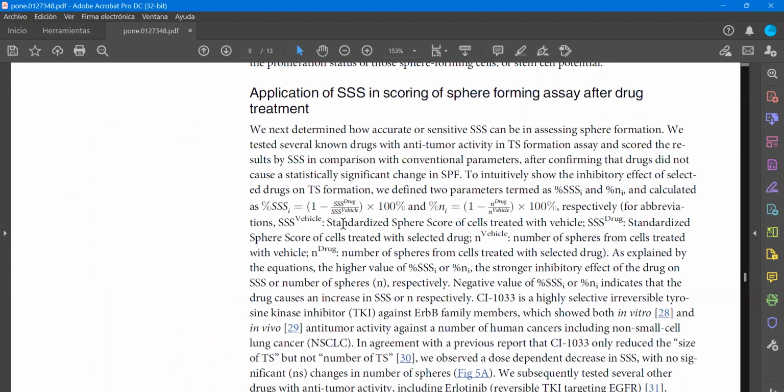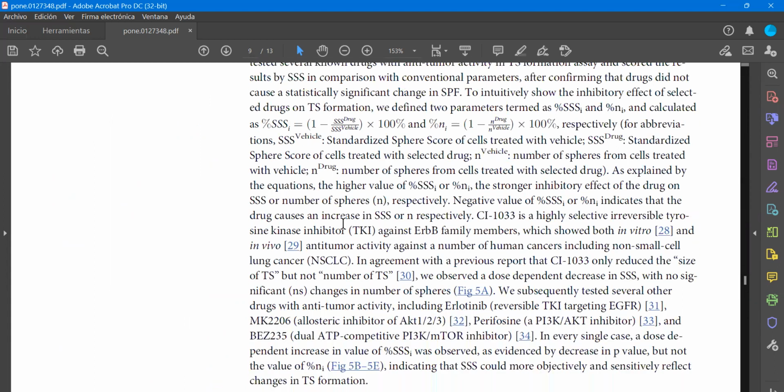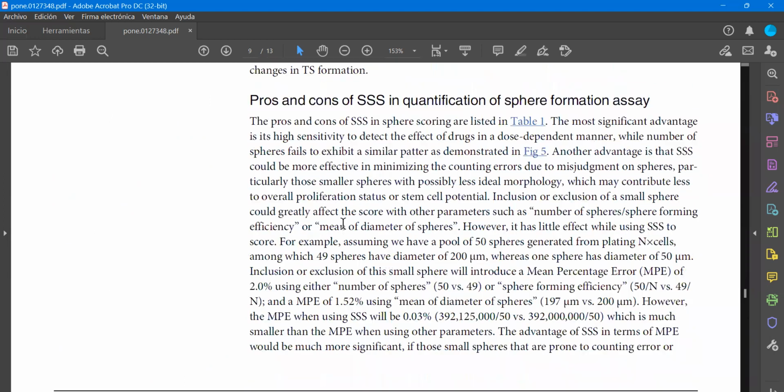And also they show the application that this new parameter has when using different drugs.